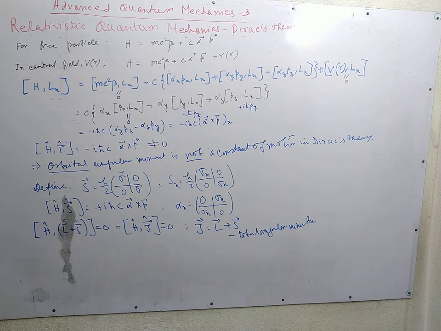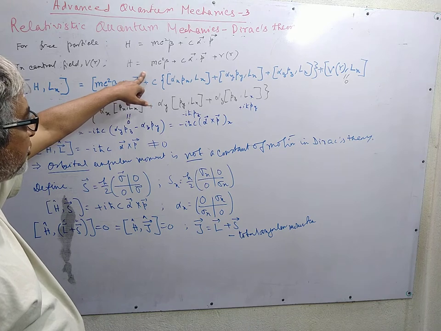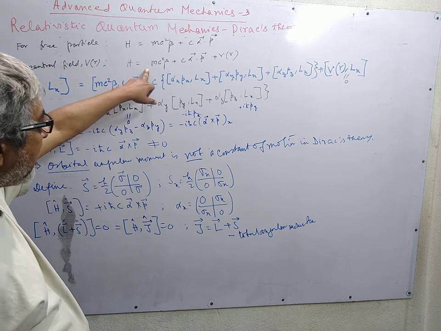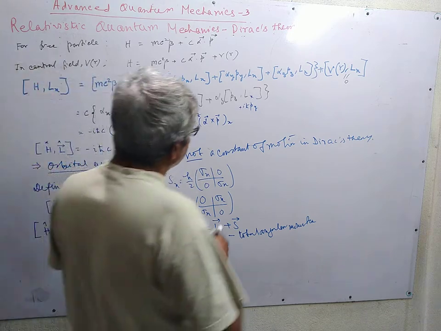Now we come to what the Dirac theory gives us when we apply it to the hydrogen atom problem. We have already said that this is the Hamiltonian for Dirac spin half particles when subjected to a central potential.